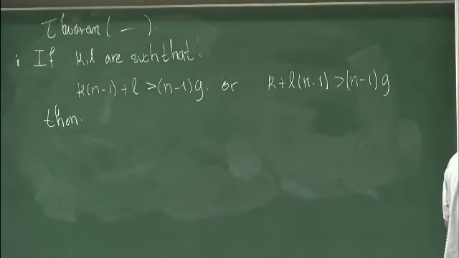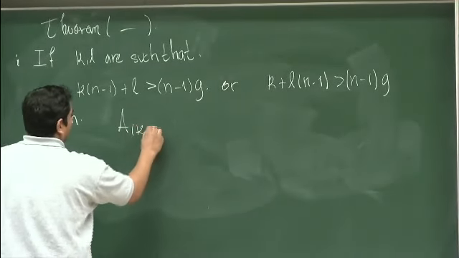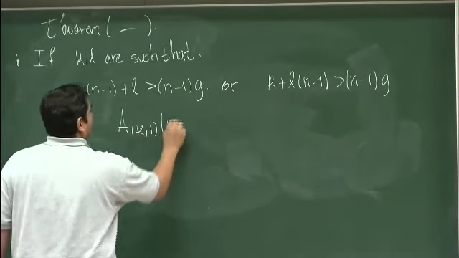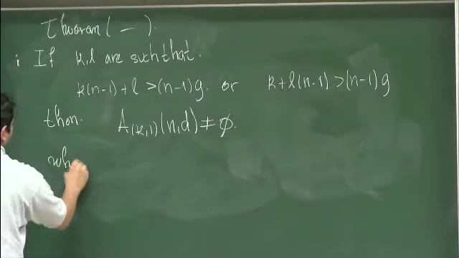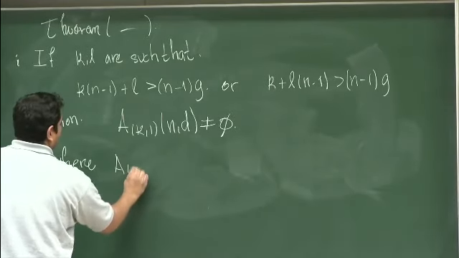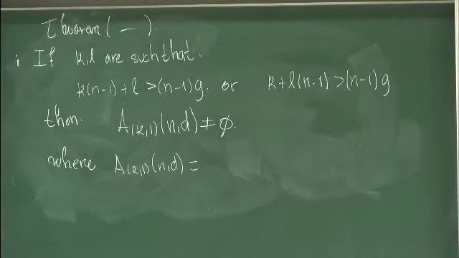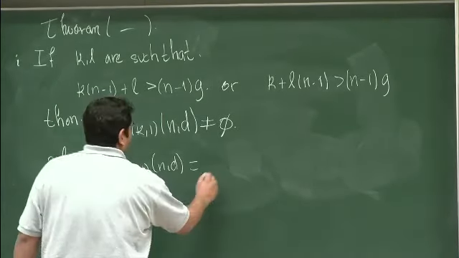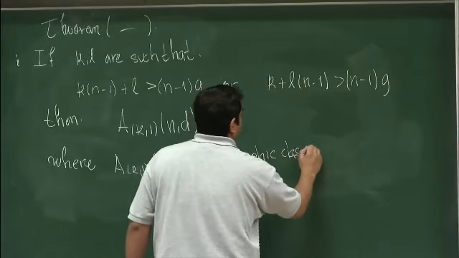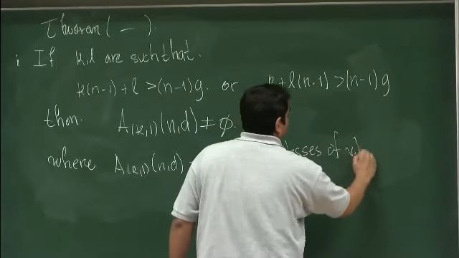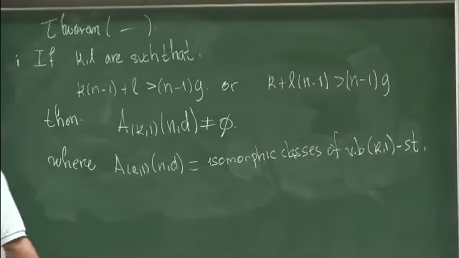I'm going to write this as: the set of KL stable bundles is empty, where the set is the isomorphism classes of KL stable vector bundles with rank n and degree d.